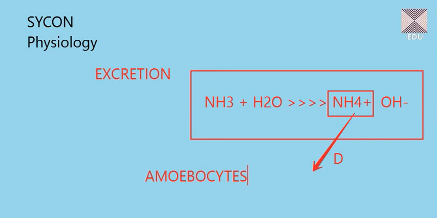They can store it for some time, and when it is more than a threshold level, it is excreted out into the spongocoel. So some scientists hold this particular view of excretion with the help of the amoebocytes.